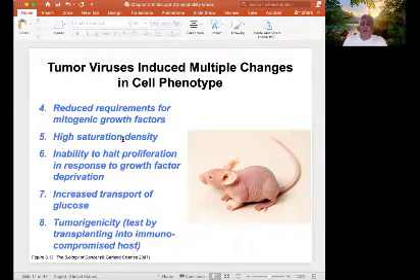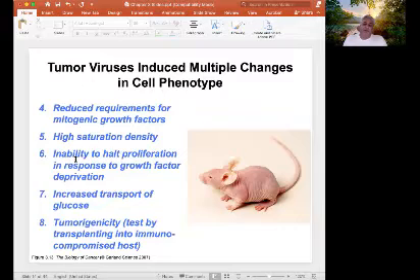Tumor cells can also reach high saturation density whenever they grow. So the number of cells per unit area is greatly increased, probably because the tumor cells don't get to the same size as regular cells. And of course, the spherical nature helps increase the stacking of these cells.